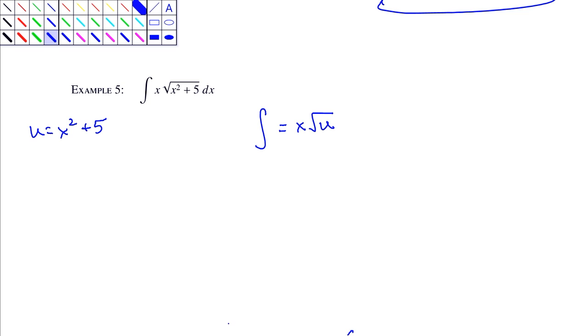Now let's look at the derivative parts. What's du? 2x dx. So this is what I was telling you. Do you have 2x over here? No. But you have x, and that's good enough, because it's that derivative up to a multiple of itself. So solve for dx.